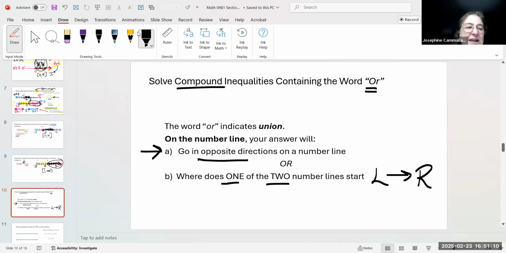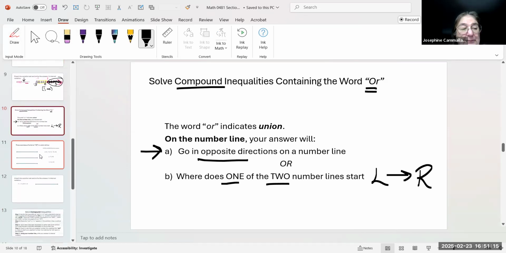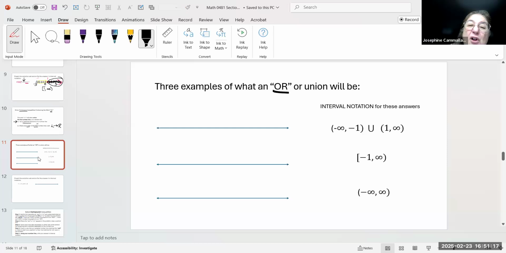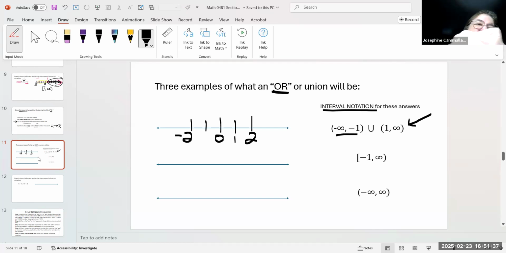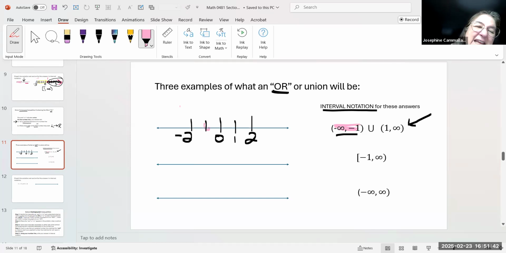Now, let me give you, like I did before, 3 examples here, okay? They all have or. Now, notice my interval notation. Now, this is going to be my pink part. -1, and I'm going this direction.